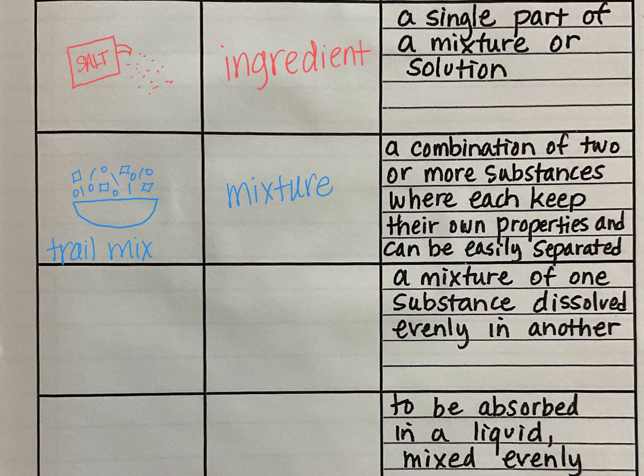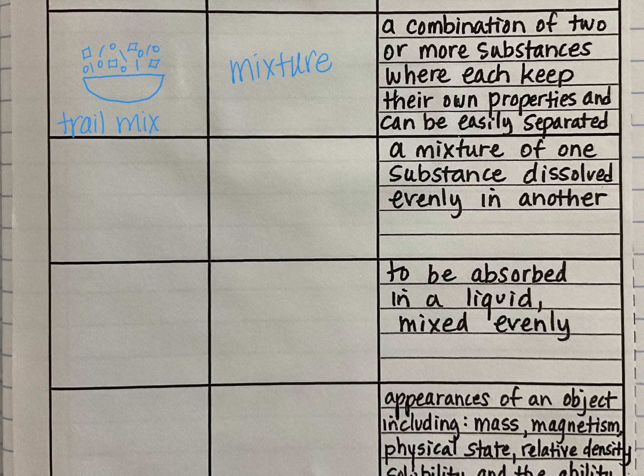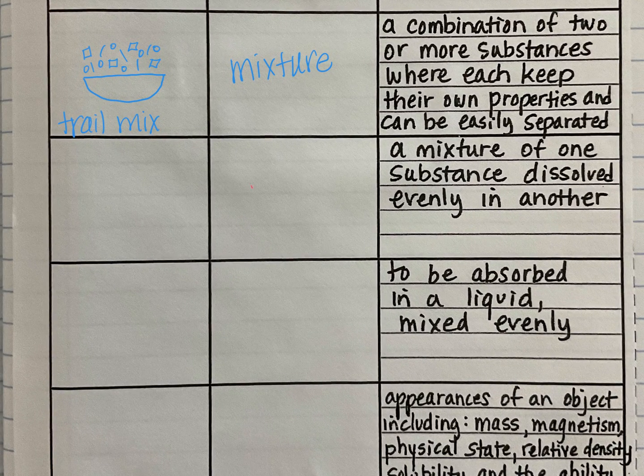Okay, our next word is going to be solution. A solution is a mixture of one substance dissolved evenly in another. For example, lemonade. Now, I'm going to draw my picture over here to the right because we're going to write some words.